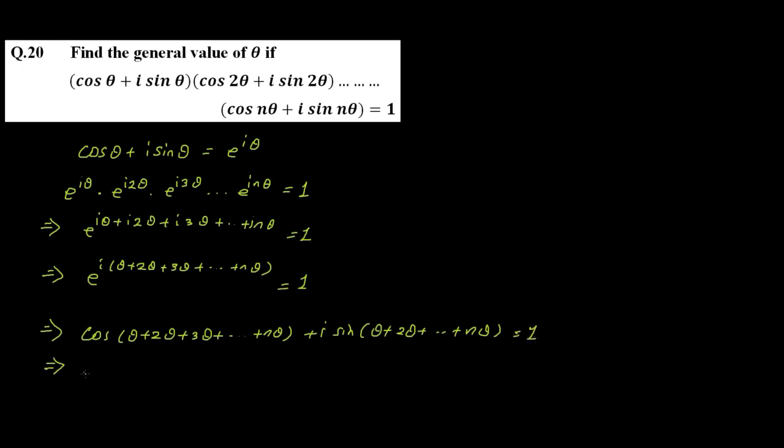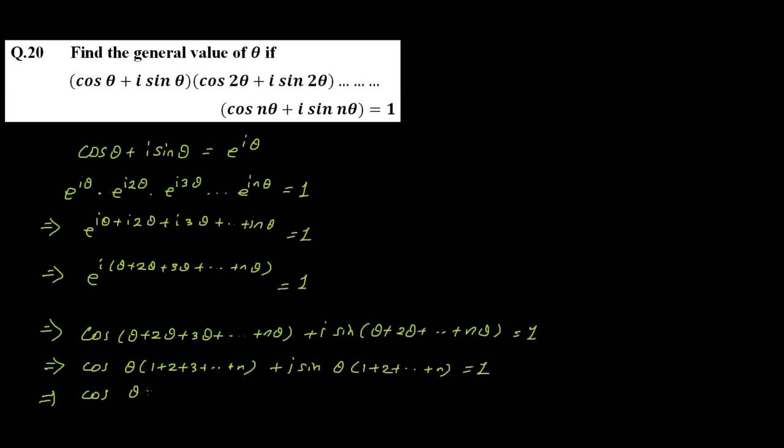We can again rewrite it as cos theta, if I am taking theta common, here you will be getting (1 plus 2 plus 3 up to n), and similarly in sin, taking theta common, here you will be getting (1 plus 2 plus up to n), is equal to 1. So this is cos theta (1 plus 2 plus 3 up to n), that is n into (n plus 1) by 2.